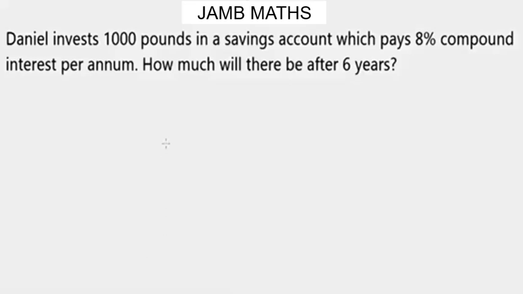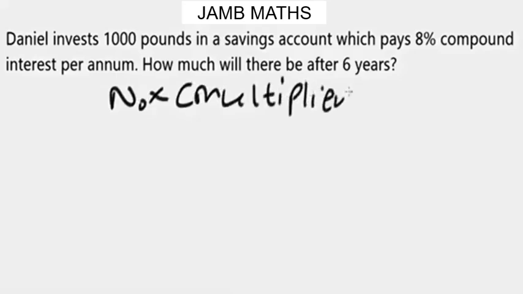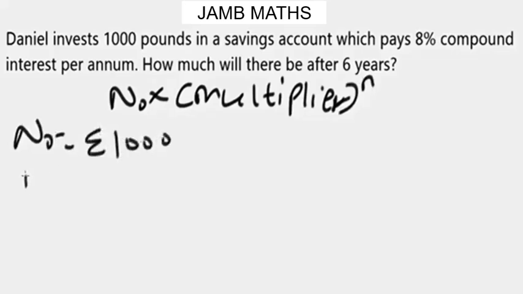Now we're going to apply our N0 times our percentage change multiplier to the power n. So in this question, our N0, our principal or initial amount, is £1,000. We have our n duration to be 6 years.